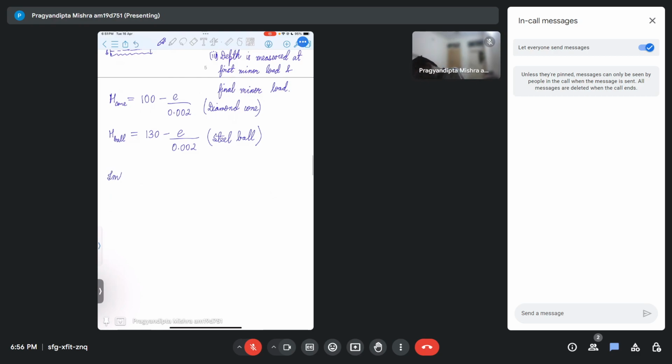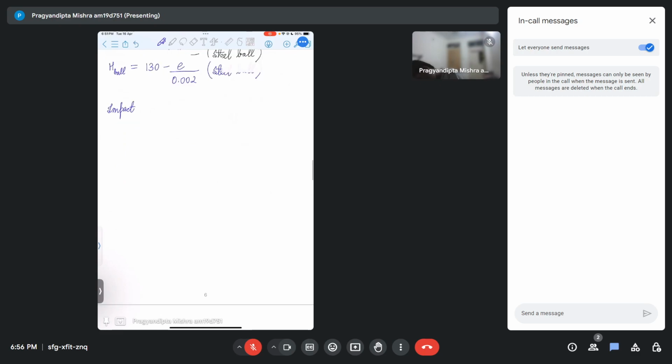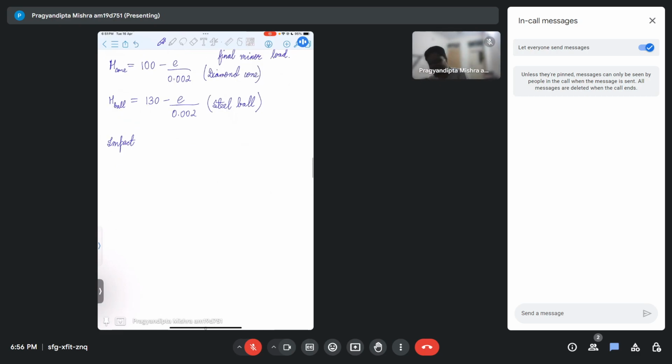under, first, high strain rate. At high strain rate, you will see the ductile material behaving as brittle because failure would be very sudden.